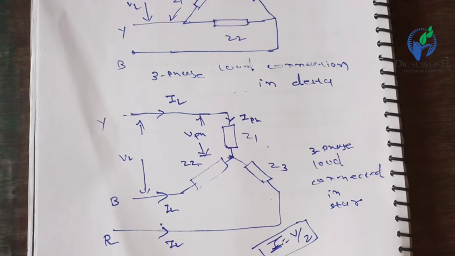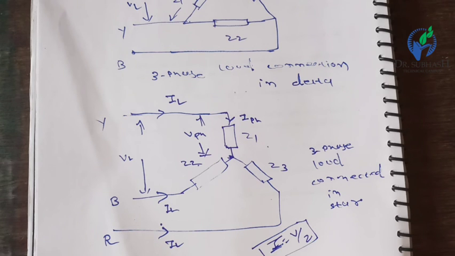Now, for simplification, when we draw the one line diagram of the balanced load of the system, the three phases are similar except for a 120 degree phase shift.